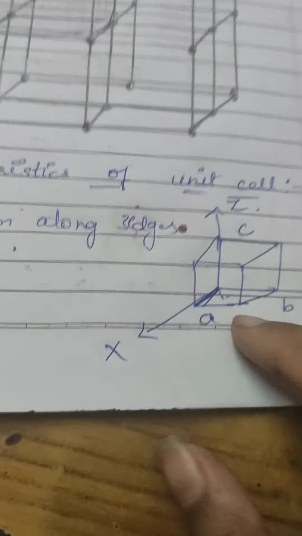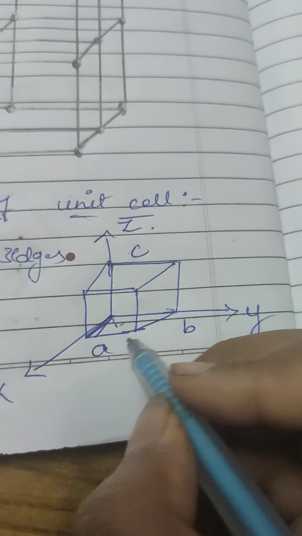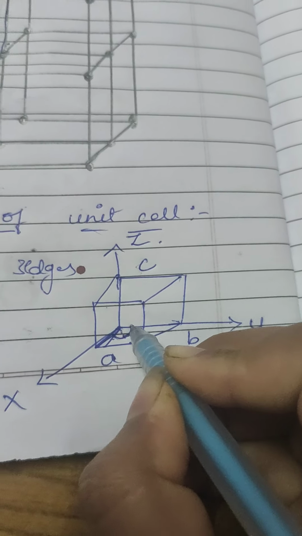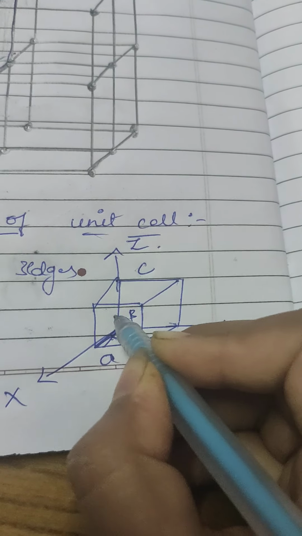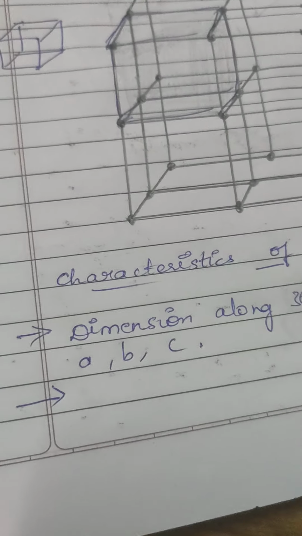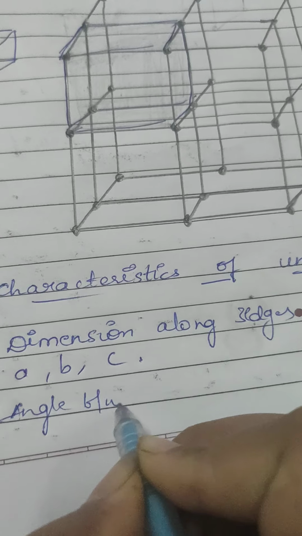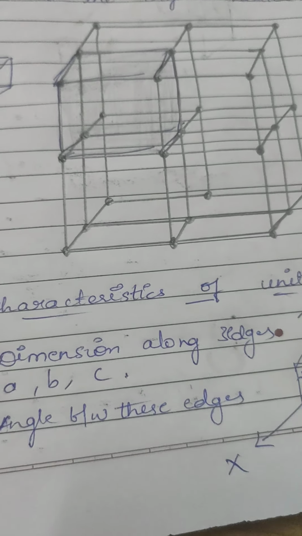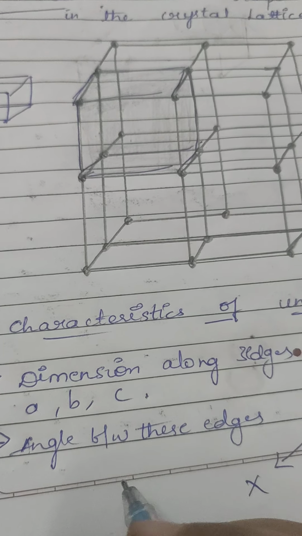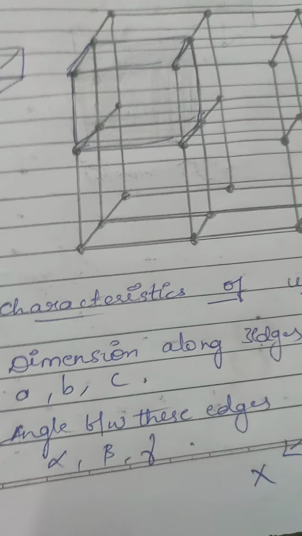And you can find the angles formed between these edges. See here, one angle it forms is alpha. The angle formed here is beta and here is gamma. So the angles between these edges are alpha, beta and gamma.